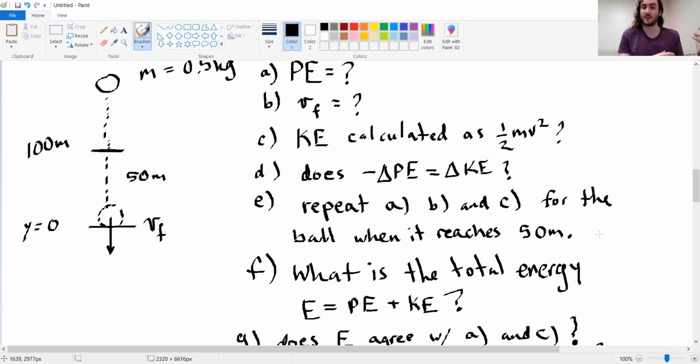We want to check for ourselves that it's working at every stage. So that's the idea behind a problem like this. It's a lot of moving parts, but go ahead and work on this, and let me know in the chat if you have a question.